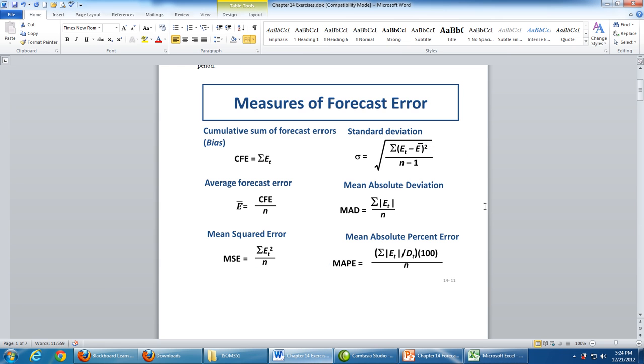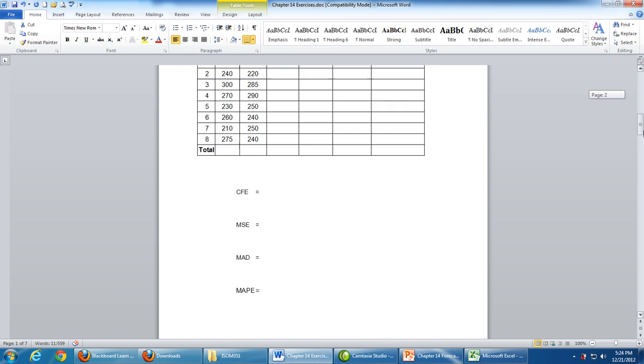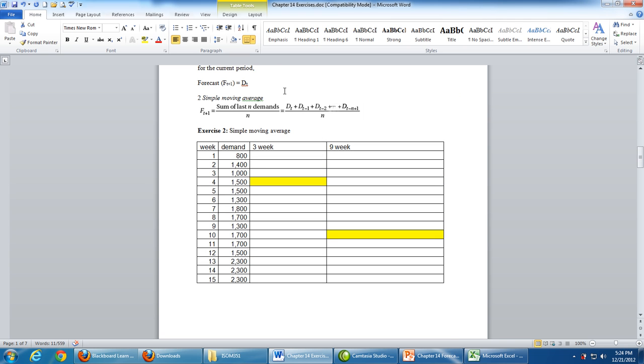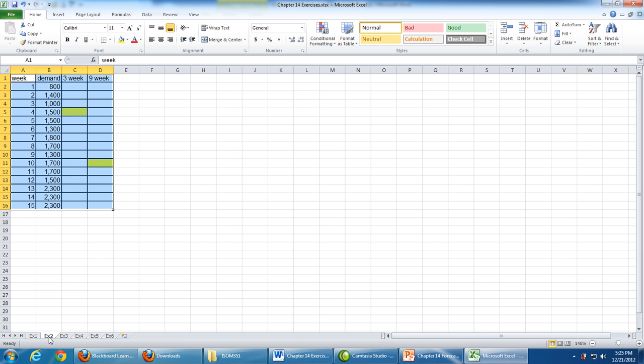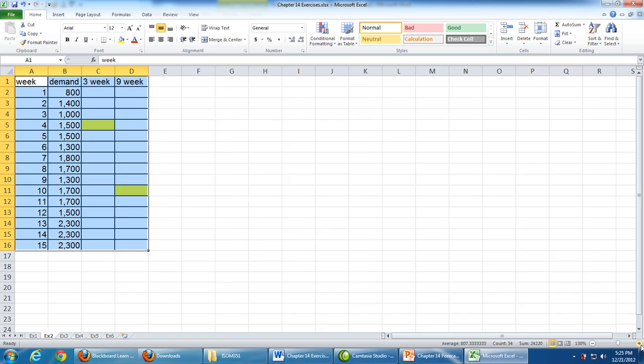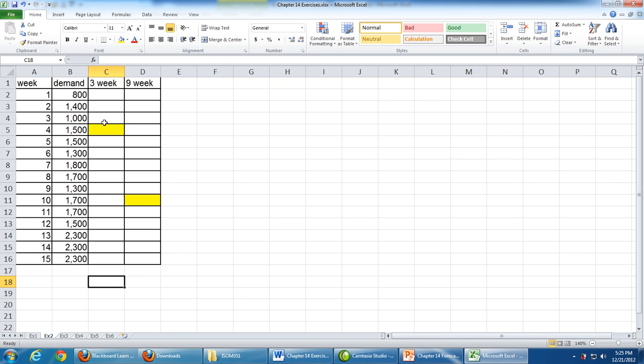So we are going to experiment on example number 2, but we are going to do a 3-week moving average and a 9-week moving average. Okay. In order to find the 3-week moving average forecast, we are going to use at least 3 periods in the past in order to forecast the future.